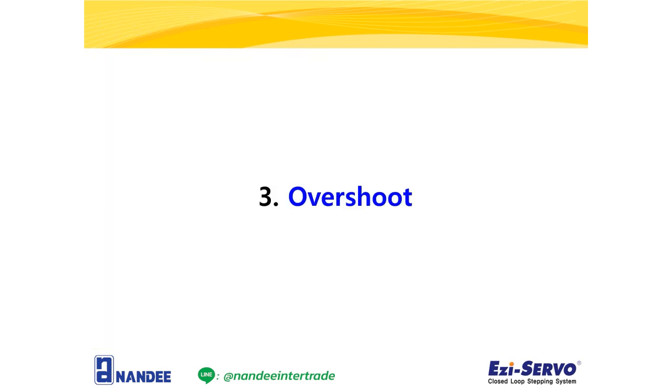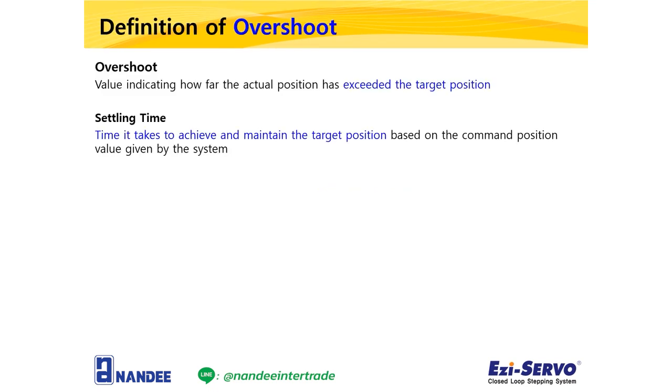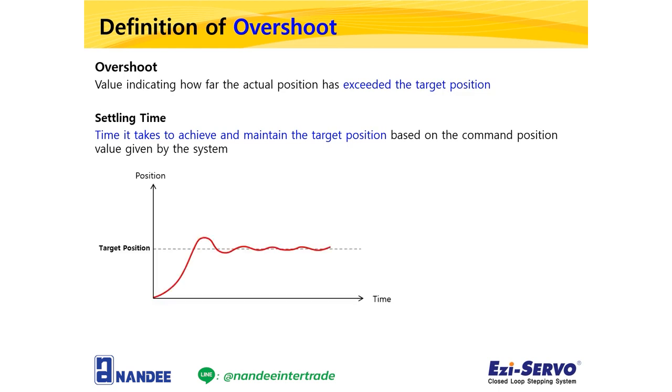Finally, I'll explain what the overshoot means. Overshoot is a value indicating how far the motor has exceeded the target position after it reaches the target position. Please look at the graph. The horizontal axis refers to the time, and the vertical axis refers to the position, and this is the target position.